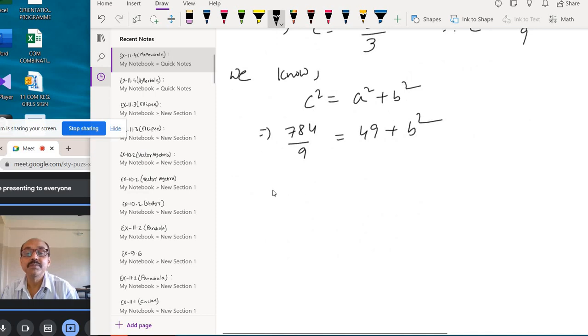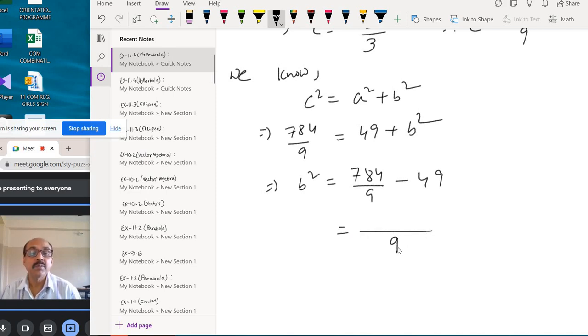So b square equal to 784 by 9 minus 49. Nine is the LCM, so 784 minus 441 is 343.